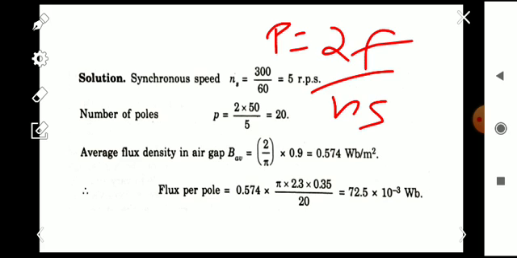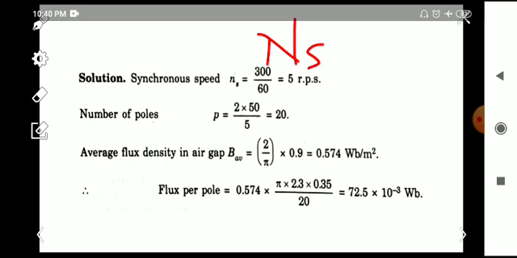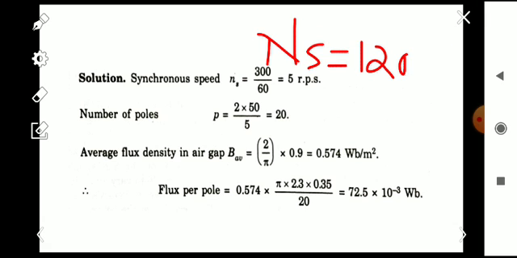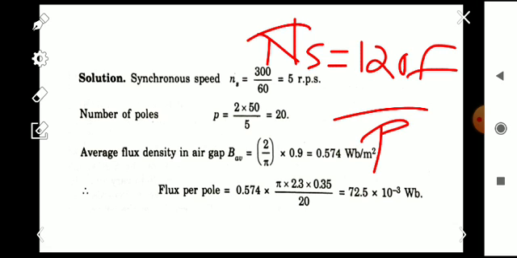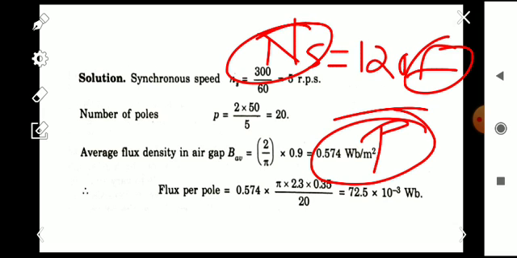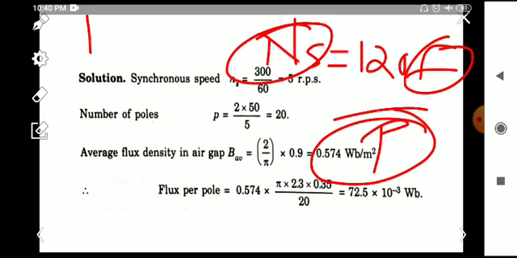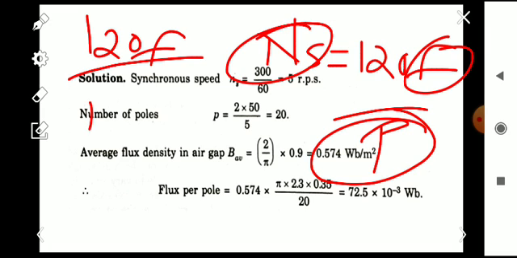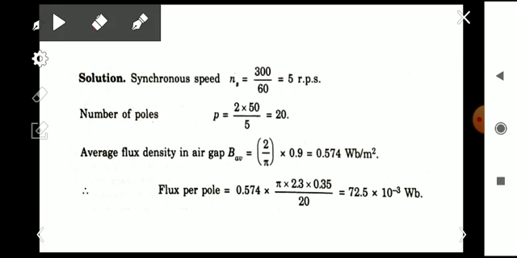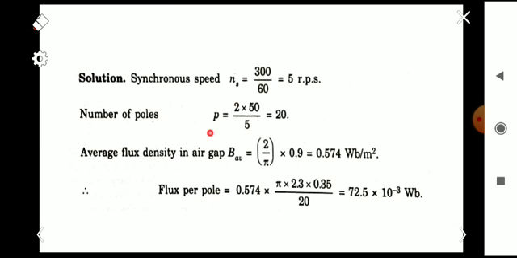Or we can use the normal synchronous speed equation, Ns is equal to 120 f by P. Ns is given and f is given, so from that we can find P. P will be equal to 120 f by Ns. We can use any equation for finding the number of poles P. Here we are getting it as 20.